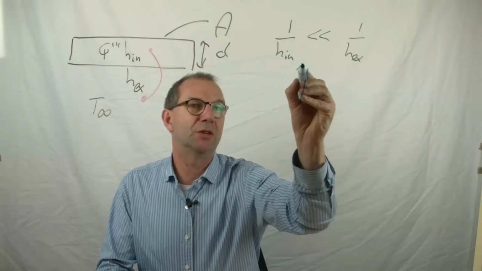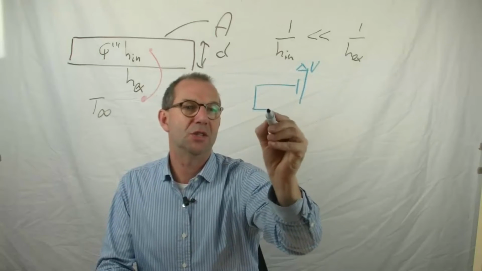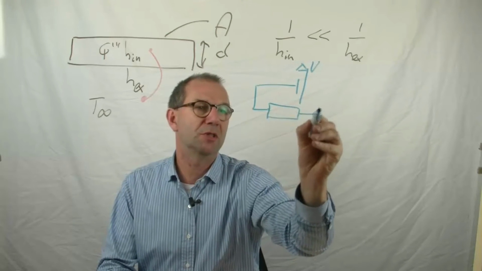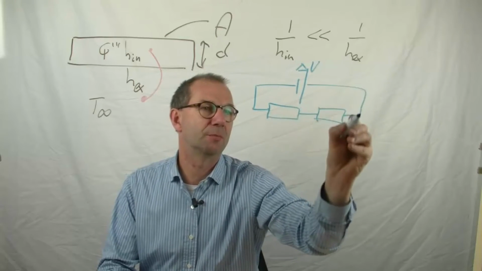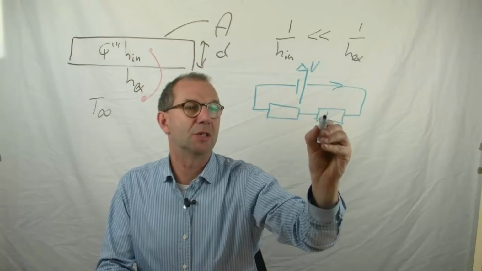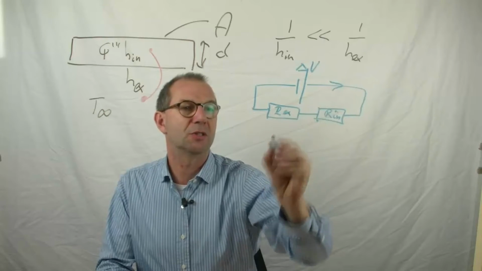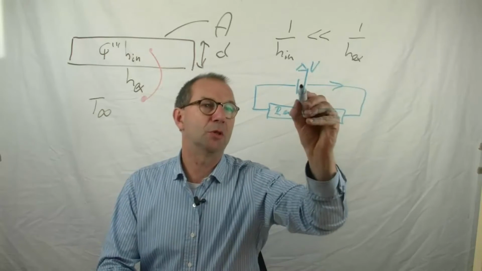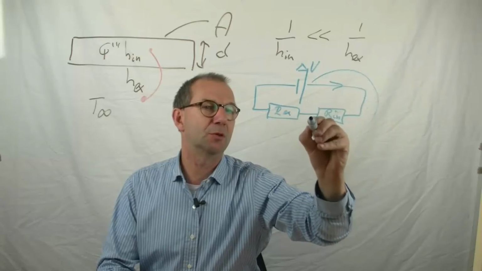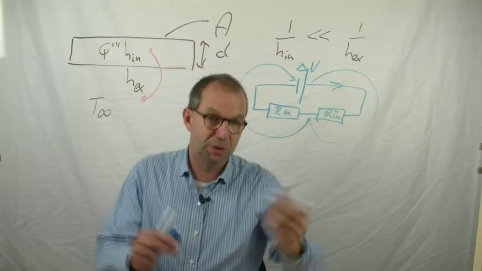Here is the potential difference, the driving force, delta V, the temperature difference here, and that sees two resistances in series. And thus a current will be flowing, and there is an internal resistance and an external resistance. And there will be a potential drop from here to here, and from here back to the battery or whatever it is.